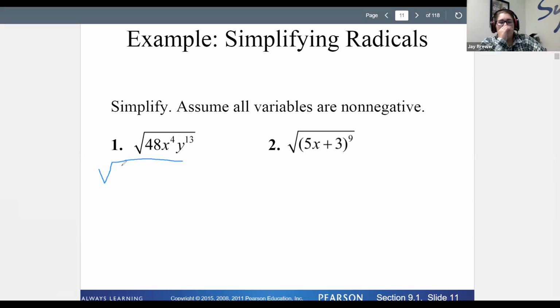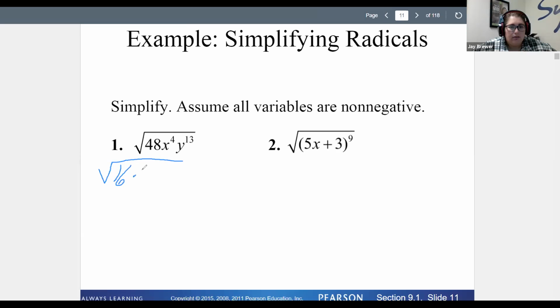So what perfect square is within 48? Would it be 12? So 12 is not a perfect square, but it does include a perfect square. So if you wanted to take that approach, you could use it. 48 actually divides nicely by 16.